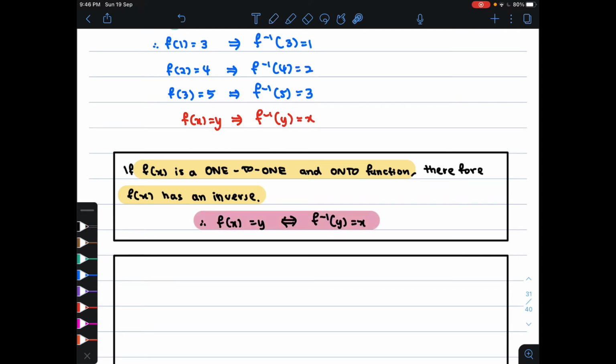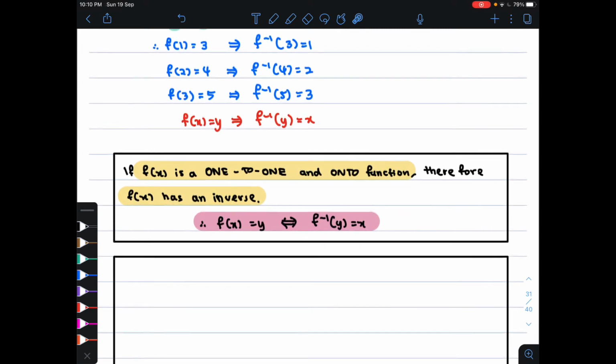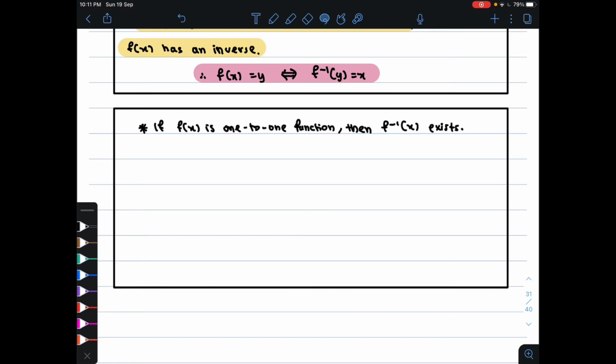This is the definition of an inverse of a function. Basically, if you need to determine whether f inverse exists or not, just check whether f(x) is a one-to-one function. If it is a one-to-one function, therefore f inverse exists.